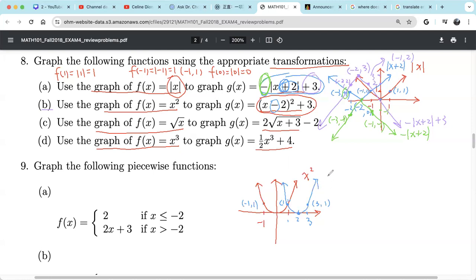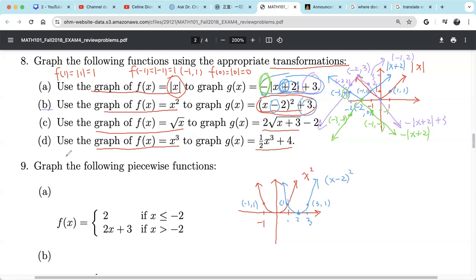So this is the graph of x minus 2 squared. We see x value being added 2 units. -1 plus 2 becomes 1. And 1 plus 2 becomes 3. Okay, then we have a vertical shifting 3 units.